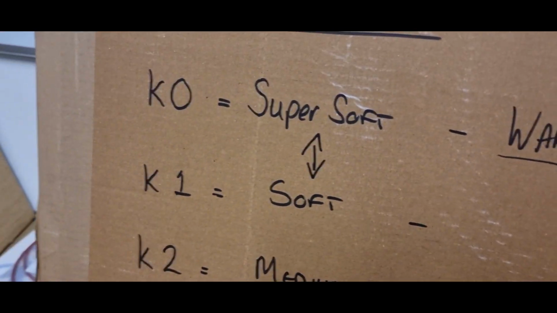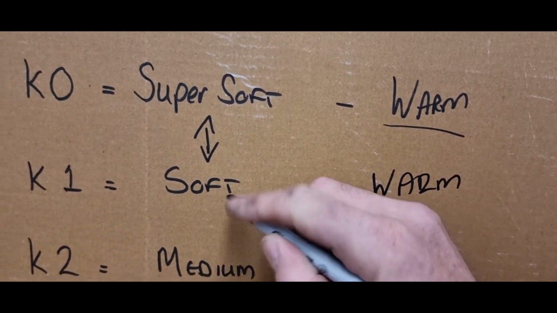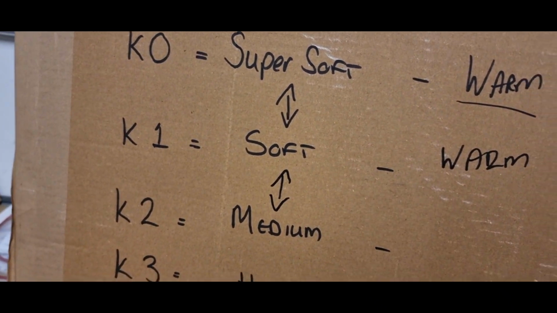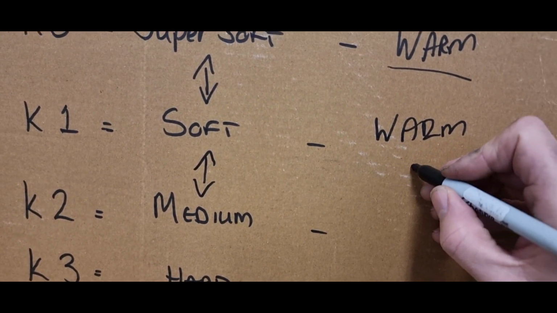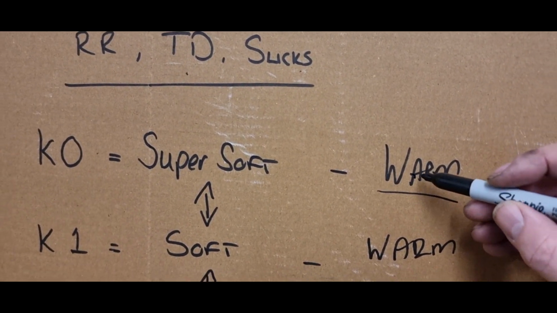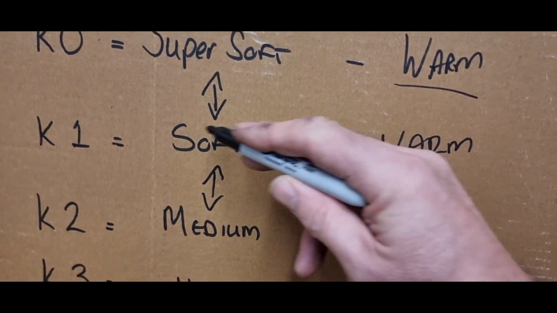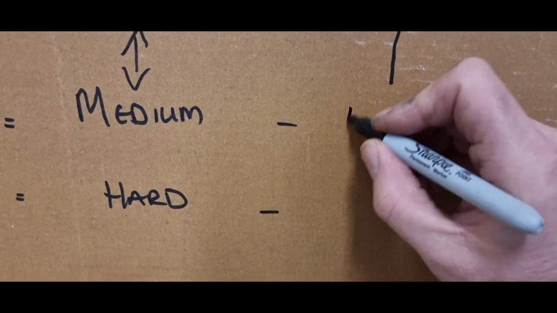Now a soft, a K1, you'll also use when it's warm, but because a K1 and a K2 also mix, you can use this when it gets a little bit cooler. So from it being hot, where you can use a K0, you can use a K1. As it gets cooler, you can also use a K1 because it'll not be hot, but it'll be average.